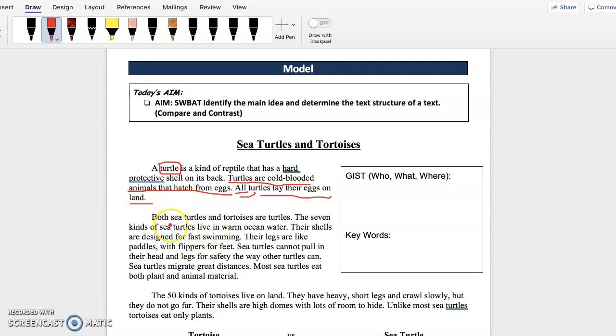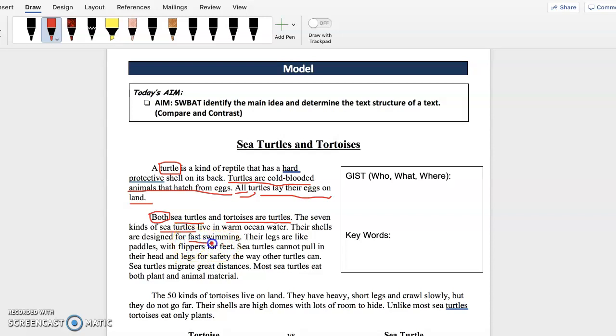Now we're going to continue reading. Both. I see that both is also a key word for compare and contrast. Both sea turtles and tortoises are turtles, right? The 7 kinds of sea turtles live in warm ocean water. Now, guys, we're getting more specific, and they're talking just about sea turtles. Their shells are designed for fast swimming.